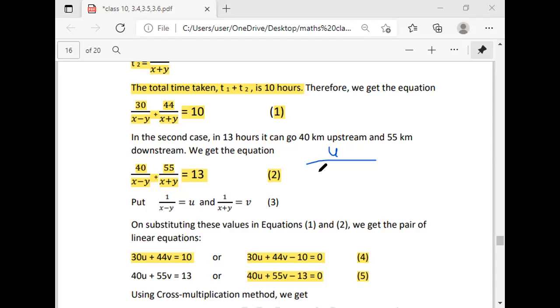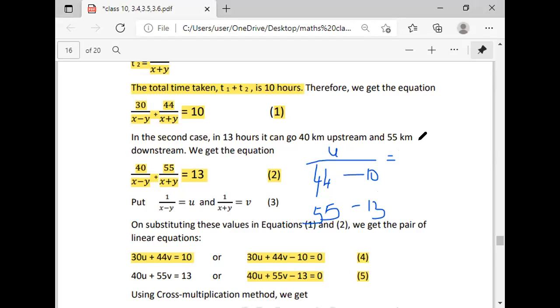Yes, sir. 44 into minus 13. We are drawing the diagram only. Okay, 44, and then what will be coming after 44? 55. Then minus 10, minus 13. Okay, very good.